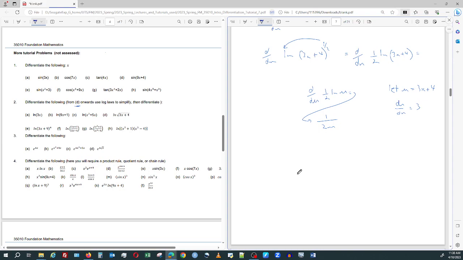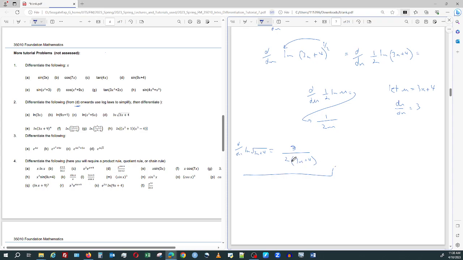So the d dx of ln of the square root of 3x plus 4 will be equal to the chain: 3 over 2 times u, which was 3x plus 4. So that's our final result.